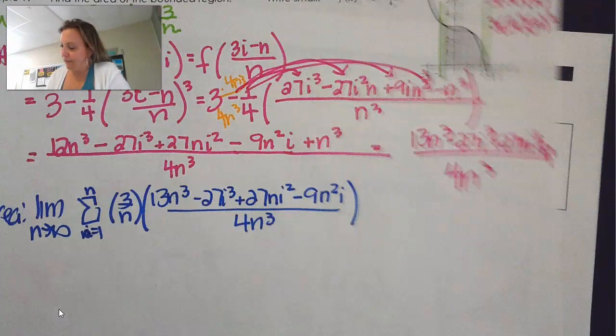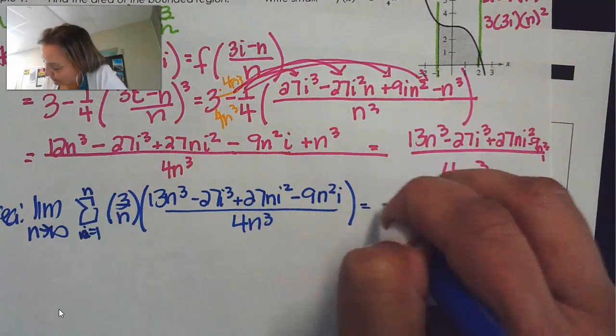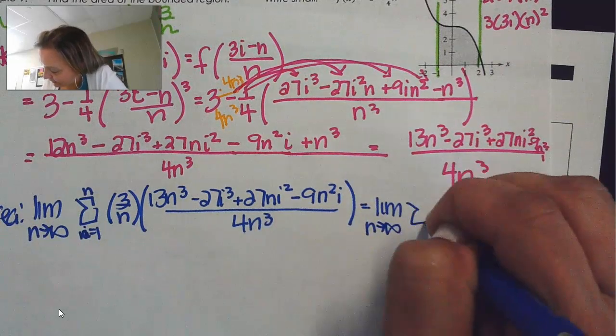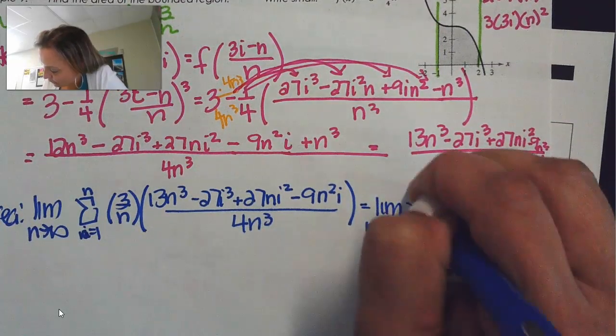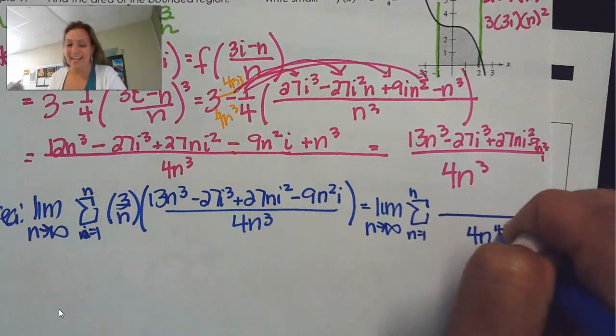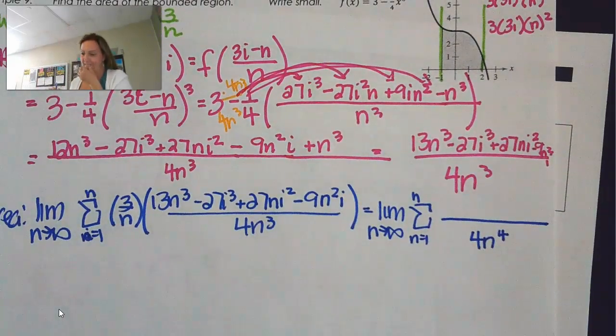Okay, so I can multiply this, the limit, and let's just turn this into one value. This is going to be 4n to the 4th.